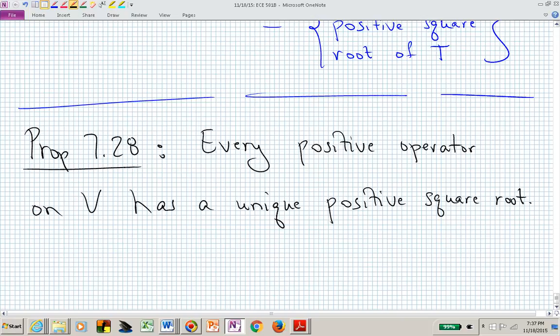And so if we have a positive operator, then we can find a unique positive square root for that.